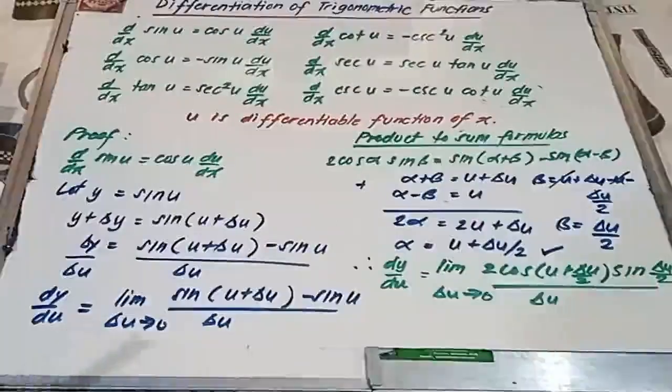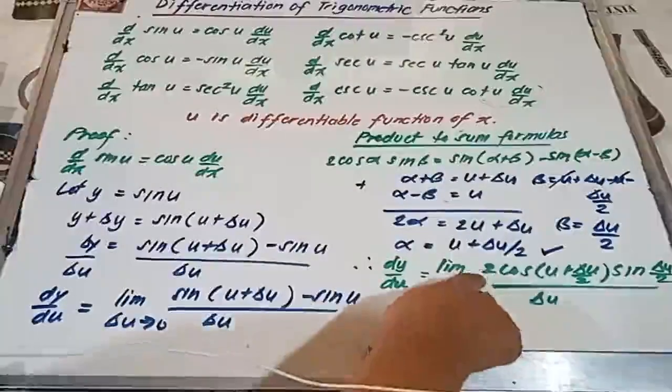Okay. Now, what is the next step? The next step is to use the theorem that I presented to you in our first lesson about transcendental functions. That is, the limit of sine u over u is equal to 1 as u approaches 0.